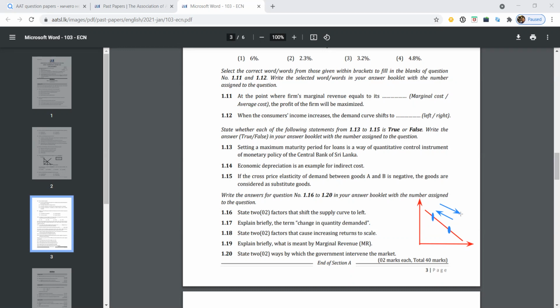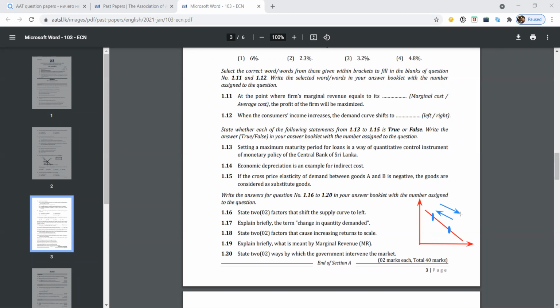Also, you can continue. An upward movement occurs due to the increase in price, which is called contraction in quantity demanded.